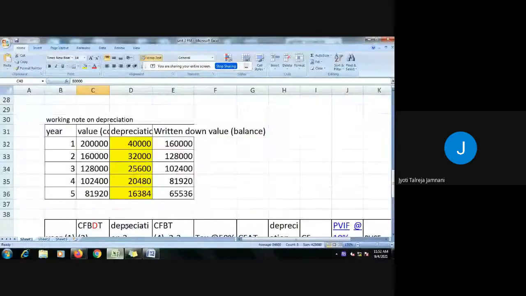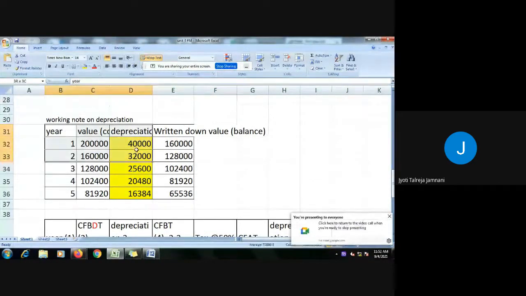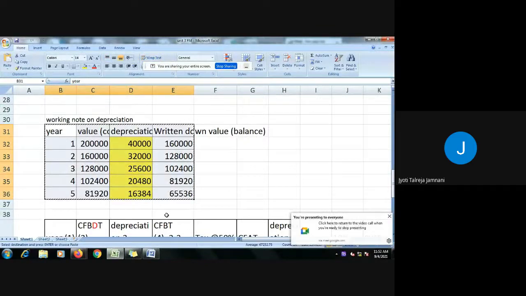Just look at this. This was the depreciation working note which we had done, and I'll just copy it there as well so that it is there with us in the Word document.